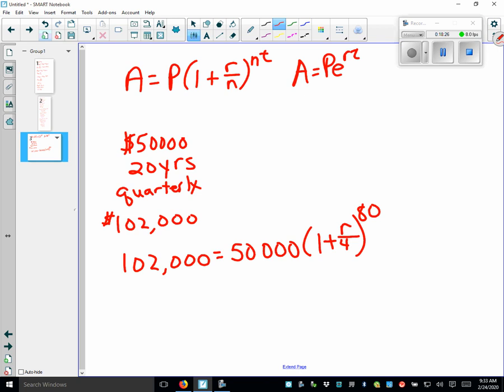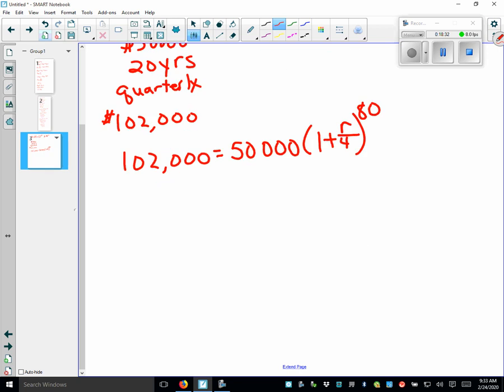What do I have to do first? Divide by 50,000. What do you get? 2.04. So 2.04 equals 1 plus R over 4 to the 80.